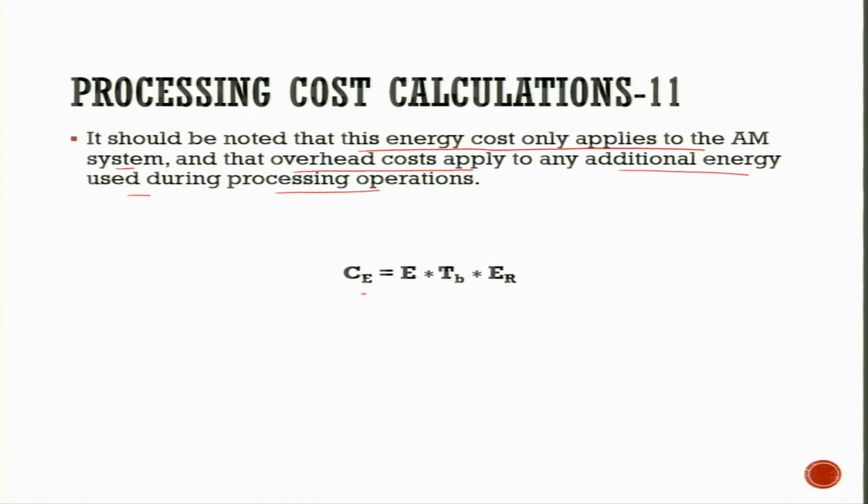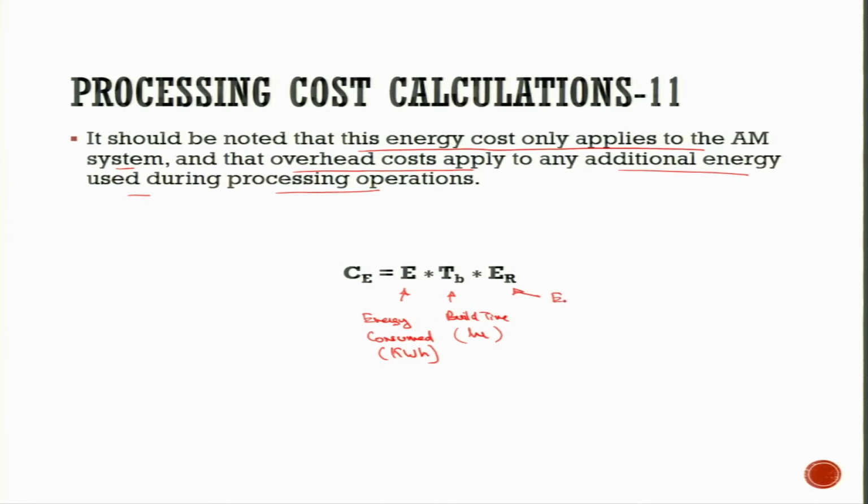So the cost of energy, CE, is given as energy consumed in kilowatt hours, into the time for which the build takes place, build time in hours, into the energy cost rate.